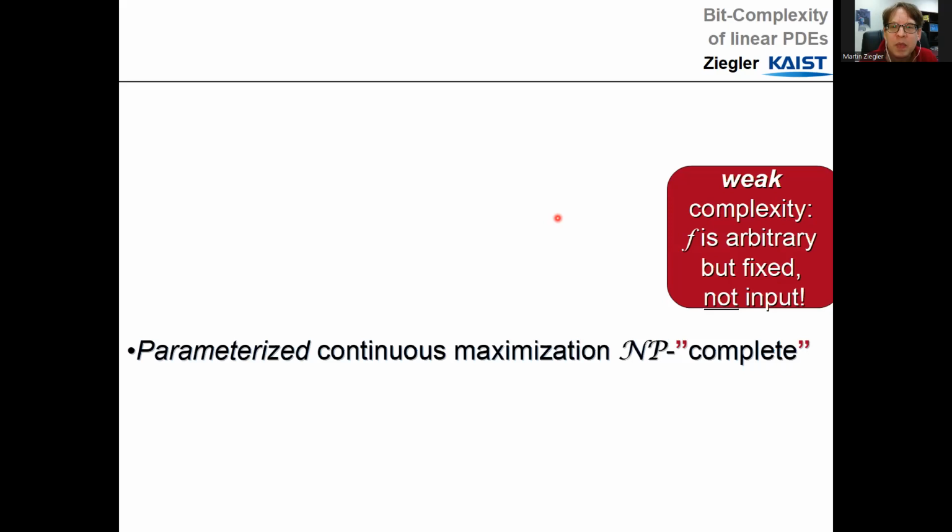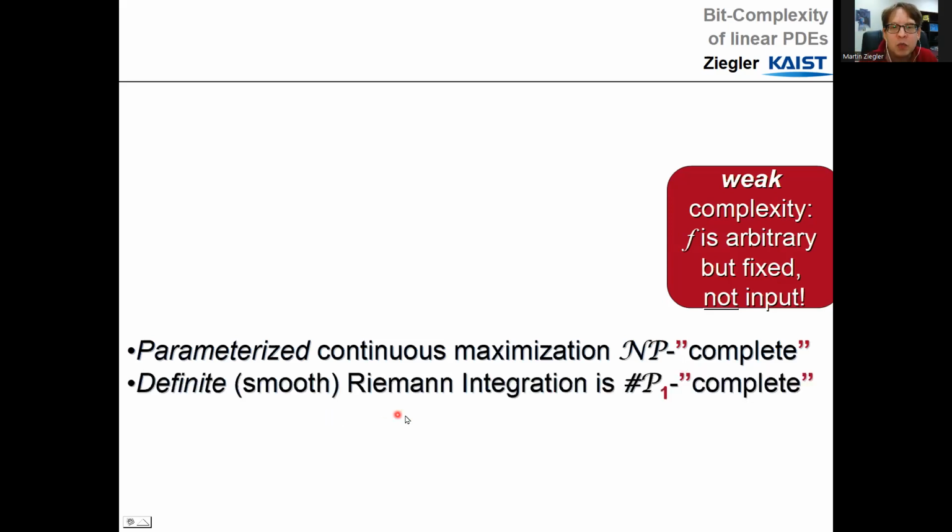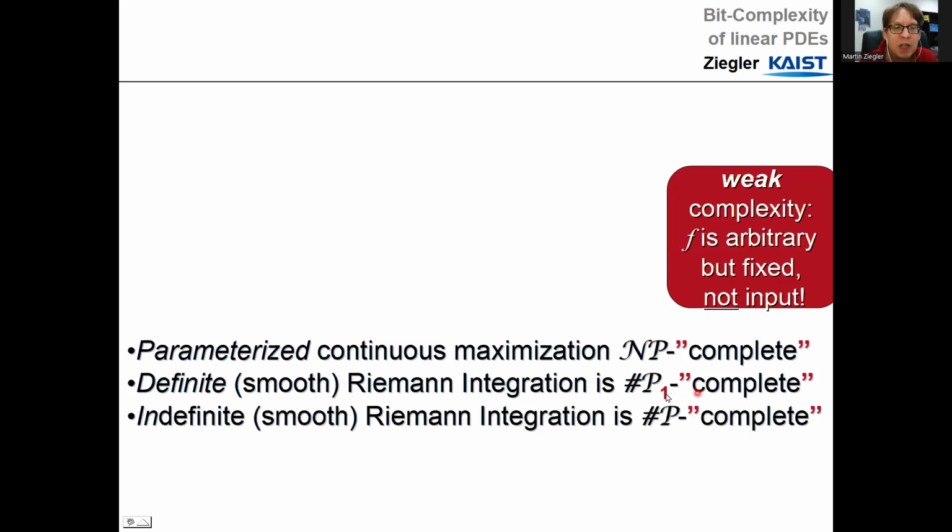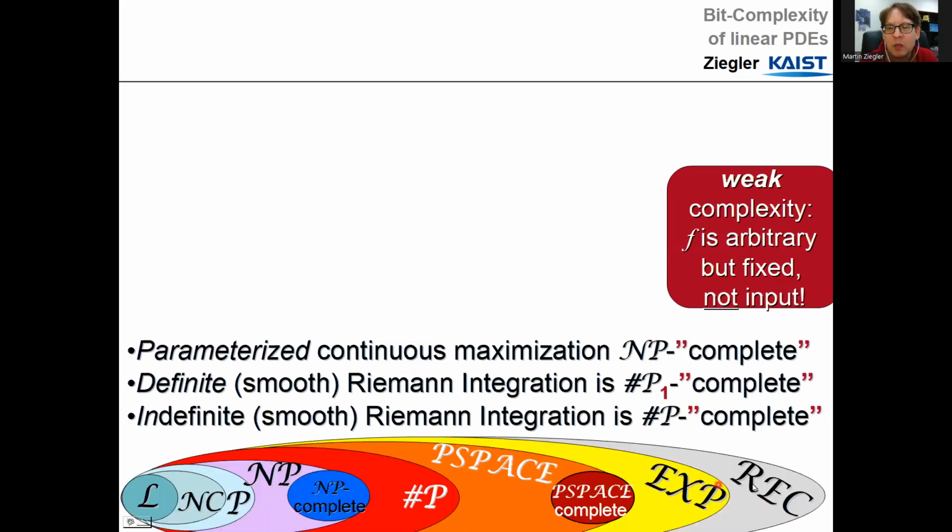To keep in mind, we talked about parameterized continuous maximization being NP-complete in quotes, definite smooth Riemann integration being #P1-complete, and indefinite smooth Riemann integration being #P-complete, with this picture of computational complexity classes: NP lower than #P, and here we have even larger class PSPACE, and the one with index 1 imagine to be a little bit inside of #P for intuitive purposes.